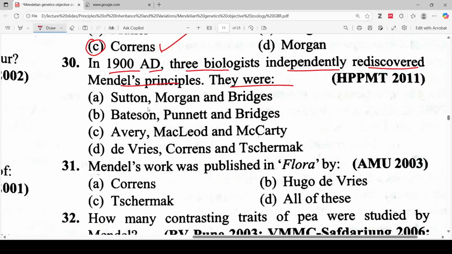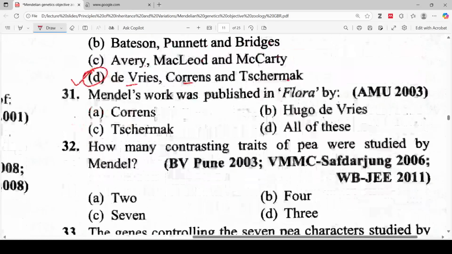They were Sutton, Morgan, Bridges, Bateson, Punnett, Bridges, Avery, McCarthy, and Dihybrid, Correns, and Tschermak. So the correct answer will be D. Next question.